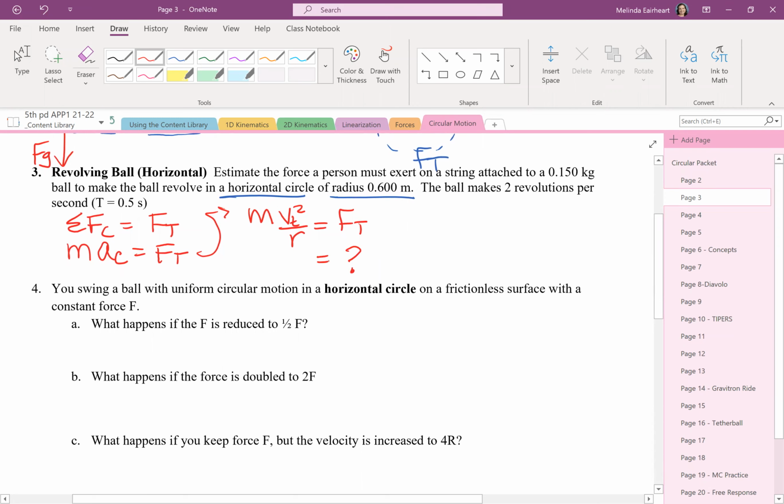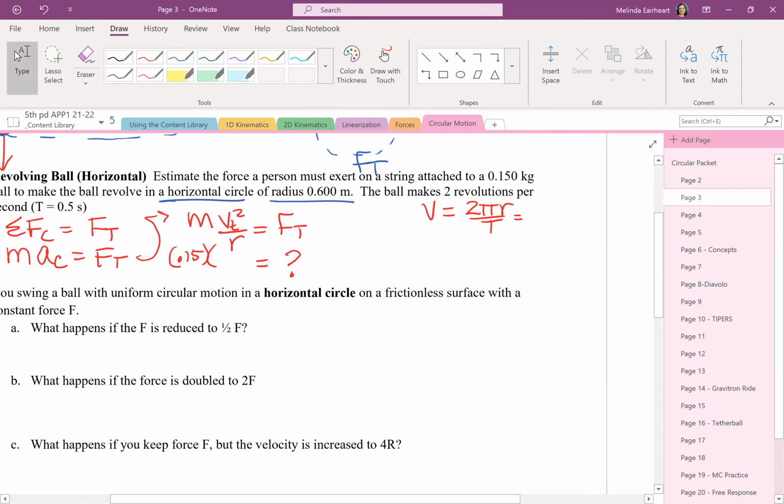Do we know the mass? Yes, 0.15 kilogram. Velocity, did they give me the meters per second? No, but they gave me the radius, which means I can find the circumference, and they did give me the period. And so maybe we have to come over to the side to find that velocity, speed really, right? And so 2 pi times the radius of 0.6 divided by the period, 0.5.